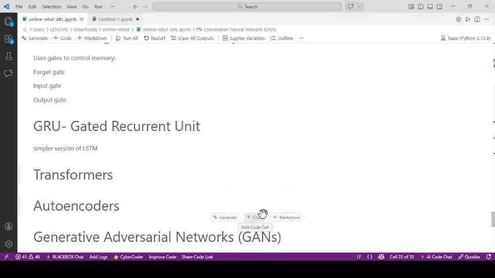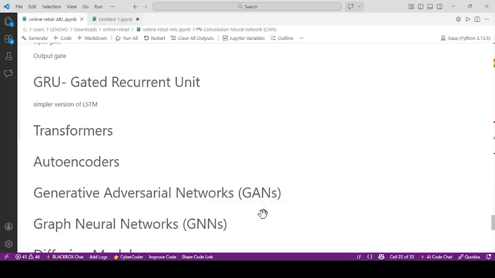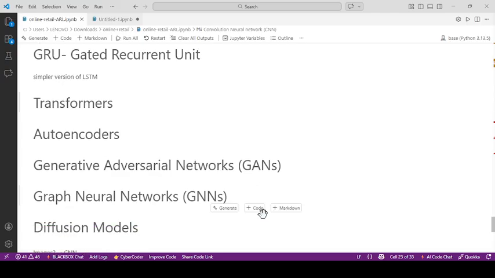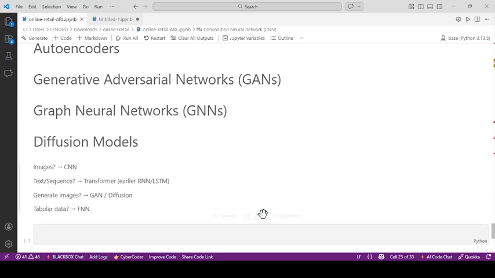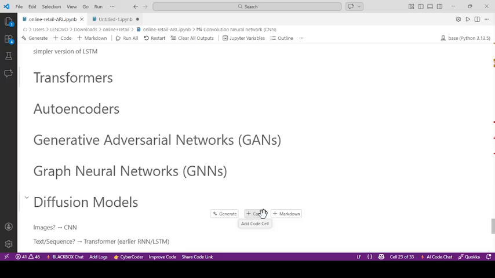And we have transformers, autoencoders, generative adversarial networks like GANs, graph neural networks, and diffusion models. These are all the different neural network architectures that we use for solving problems using deep learning.